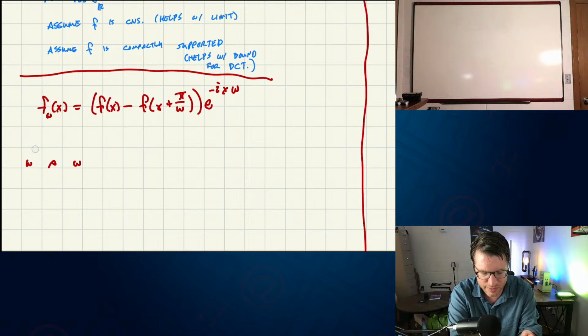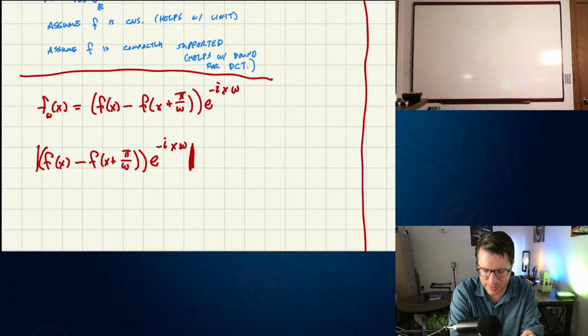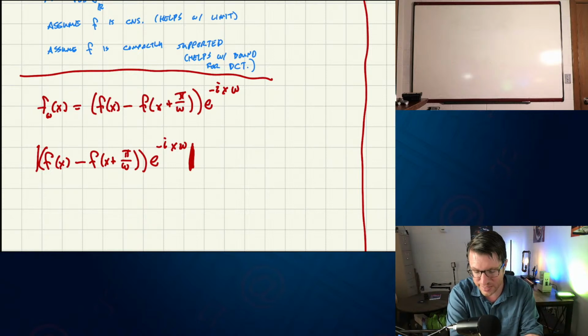We can show this limit is 0 using the squeeze theorem. The reason I can't show it directly is that e to the minus i x omega spins around a little circle in the complex plane, which isn't good for us.